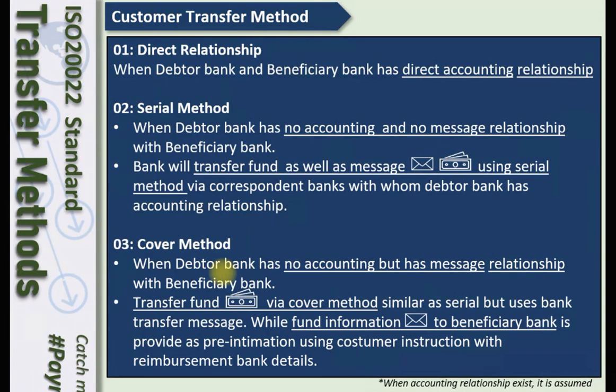So they transfer the fund via the same route of one bank with whom they have the nostro relation, while they intimate the beneficiary bank that they are going to send the funds via some other bank. The other bank's information is mentioned in the message sent to the beneficiary bank, while the fund moves via another route. So it is called a pre-intimation, or sometimes also called an announcement.